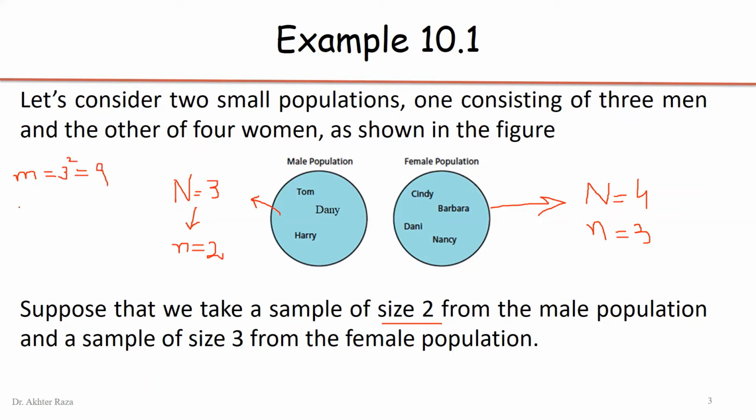And if we are selecting without replacement, then total samples will be 3 combination 2, which is 3. For the second population, the total samples will be 4 raised to the power 3 with replacement, and 4 combination 3 without replacement, which is equal to 4.